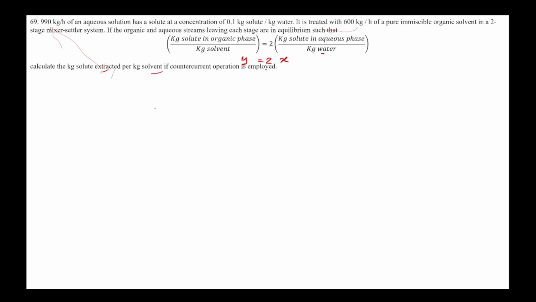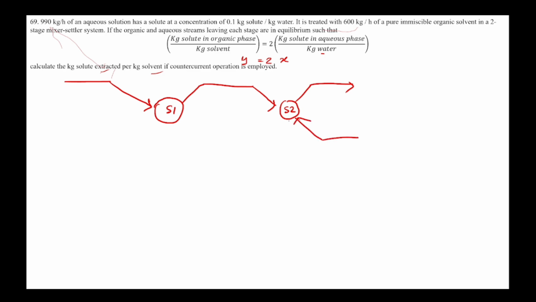So very first thing, suppose this is stage 1 and this is stage 2. Counter current operation, so solvent will be... Okay, so we have A plus C, C is the solute, equal to total 990 kg solution per hour.